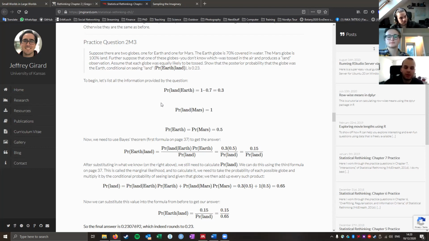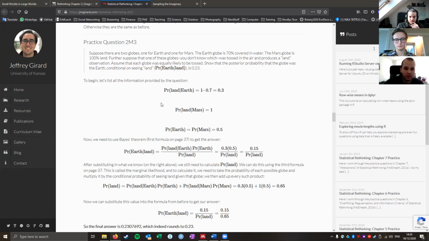The same for Mars: the probability that you're standing on land if you're on Mars is 1, because there is absolutely 0 water. So 1 minus 0 is 1. And now comparing, the probability of Earth is the same as Mars, which is 0.5. There are just these two options we have.